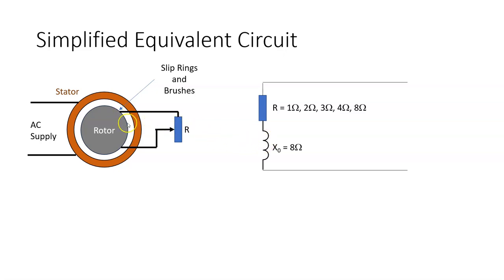So whatever the resistance of the windings are in the rotor, we could increase them by adding in this additional resistance. So I'm just going to assume that I have an X0 of 8 ohms, so an inductive reactance of 8 ohms, and we're going to look at some different resistors. So what's going to happen when it's 1 ohm, 2 ohms, 3 ohms, and so on. So we're going to look at that in Excel.